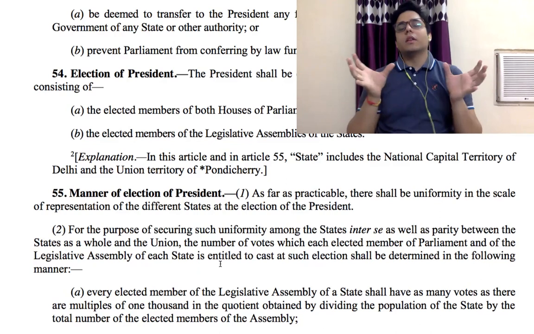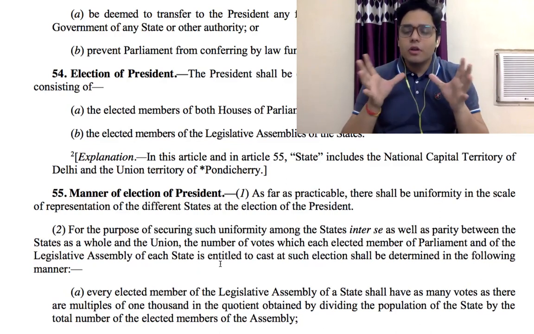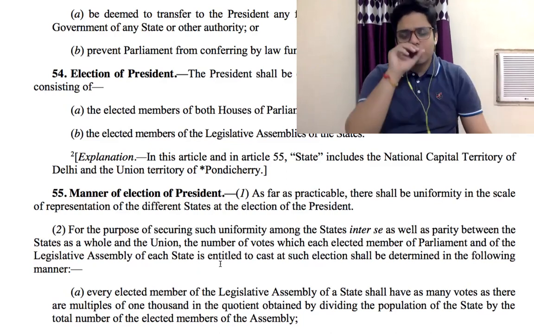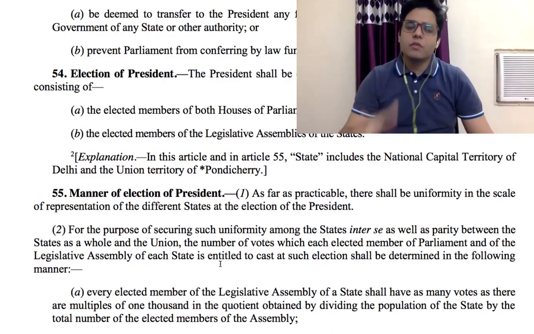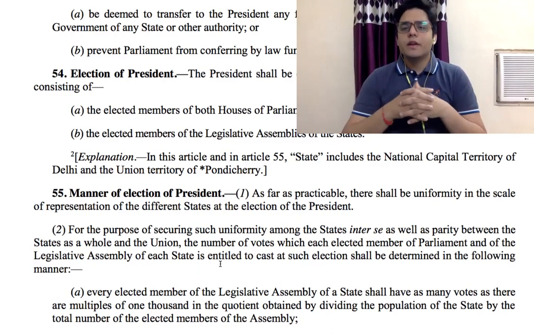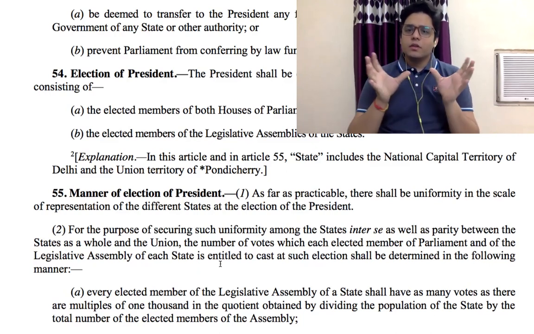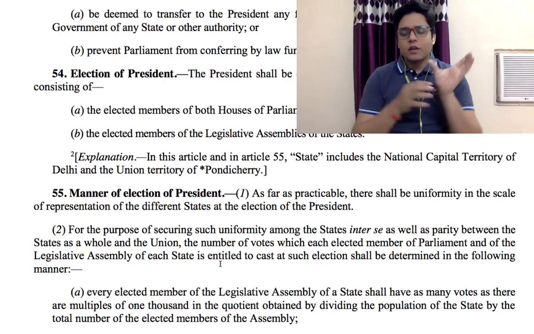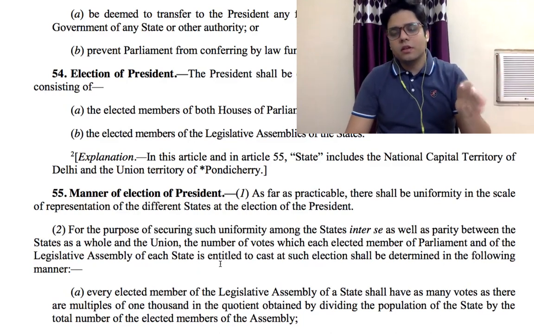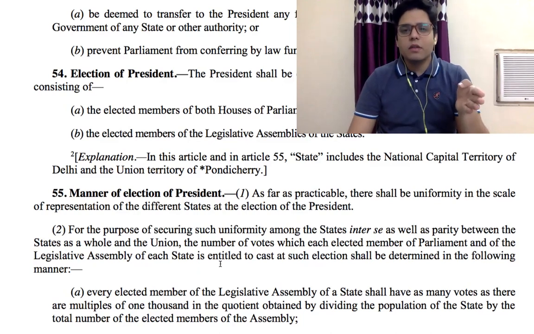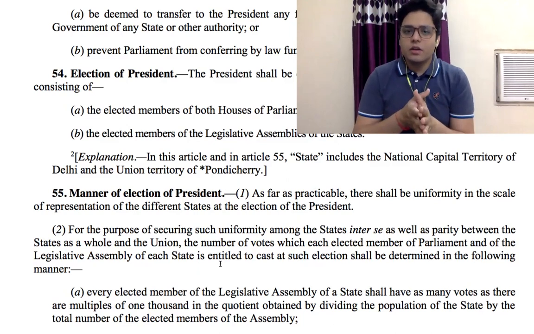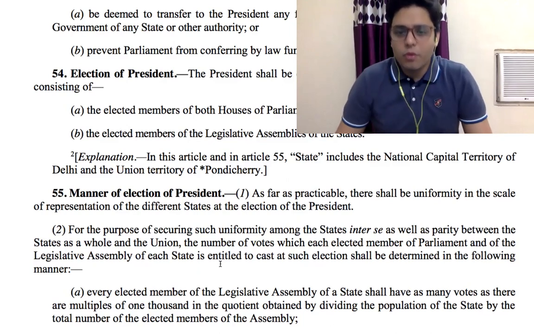So in order to ensure that such a thing doesn't happen, and there is no undue advantage to a particular state just because it has more seats in its legislative assembly, the value of the votes of members in an assembly with more seats and less population will be changed accordingly, so as to take the population factor into consideration.